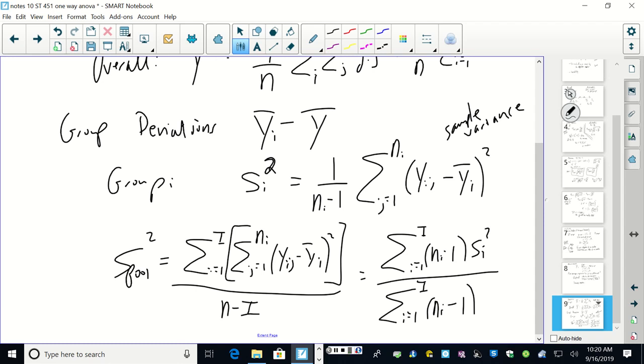The way that they're weighted together is by degrees of freedom, one less than the sample size.